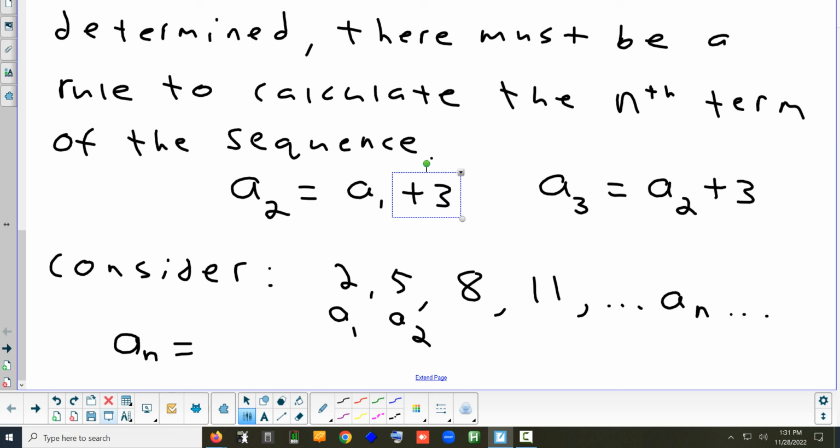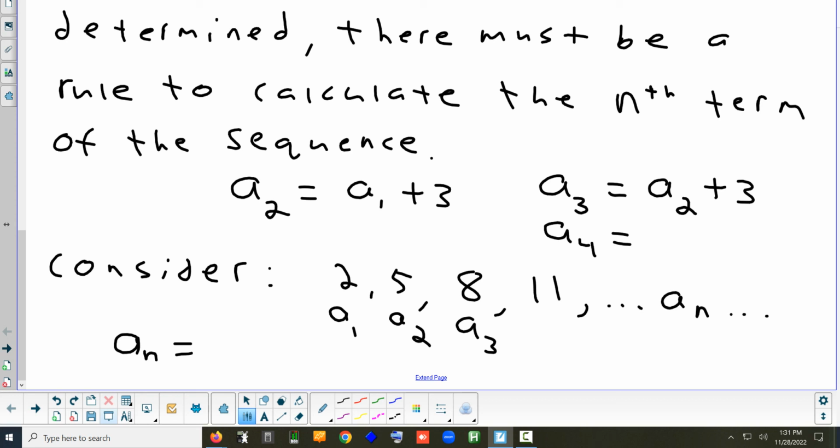So if you want to know the third term, you take the one that's before it, the second term, and then you add 3 to it. The one before it is 5. When you add 3, you get 8. Let's do one more, and then we'll see if we can generalize it. A sub 3 plus 3.